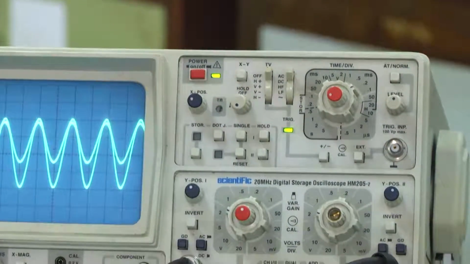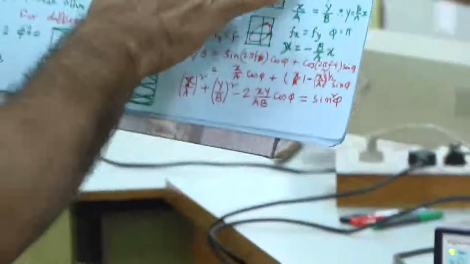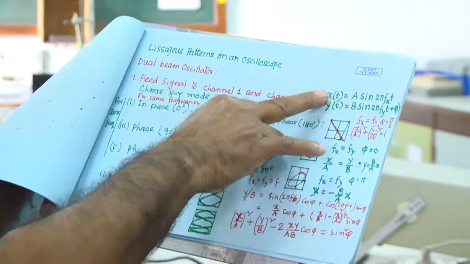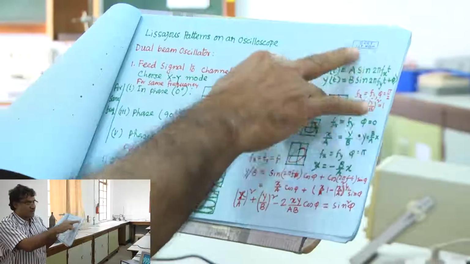If you use the XY mode, then one of these two signals is along the x and the other along the y.